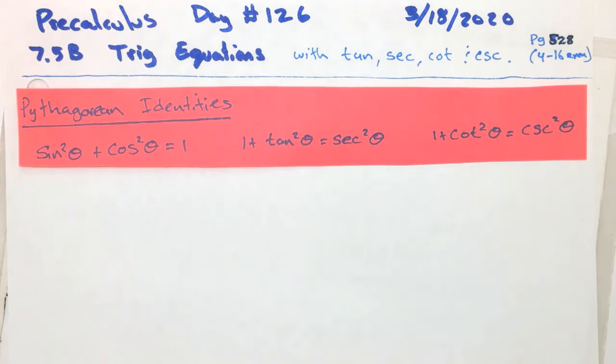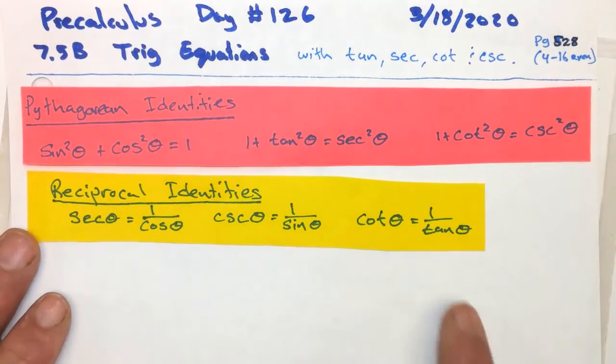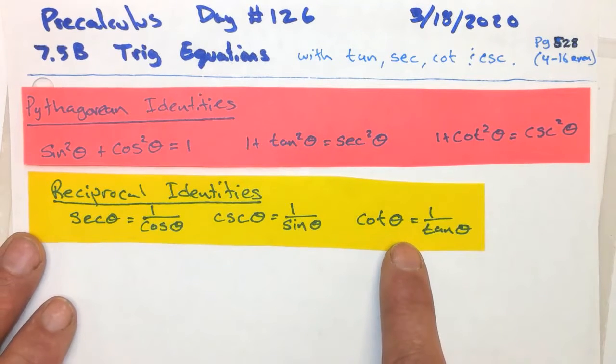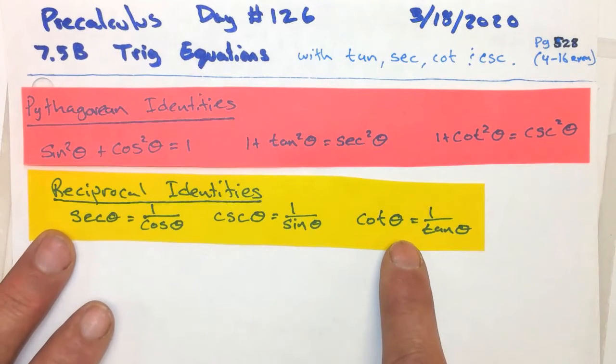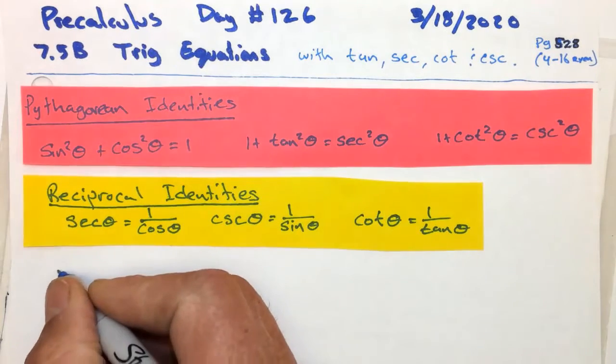There are a couple of other identities we're going to need today, and those are the reciprocal identities, mostly this last one. If we have both cotangent and tangent in a problem, we can use this identity. Okay, so without further ado, let's get on to example 1.